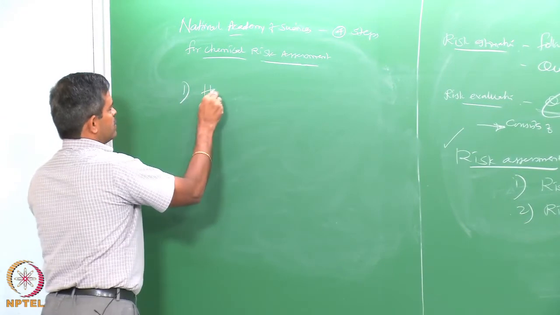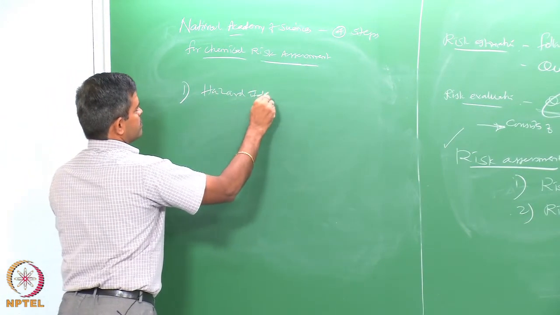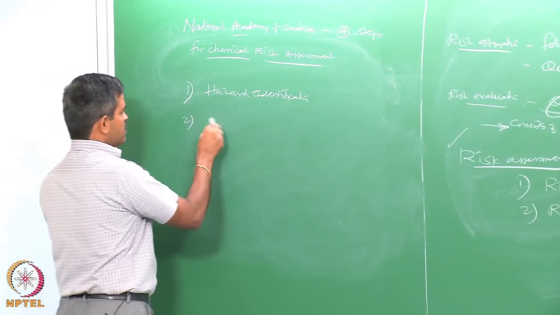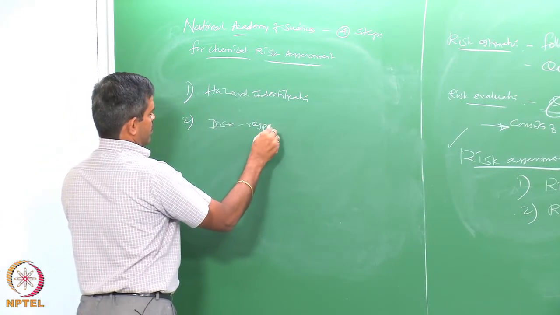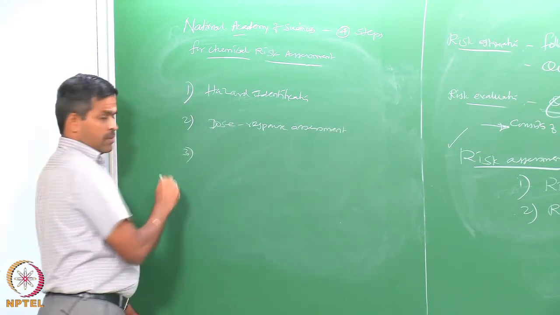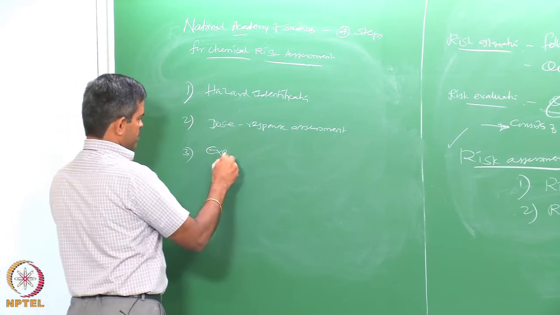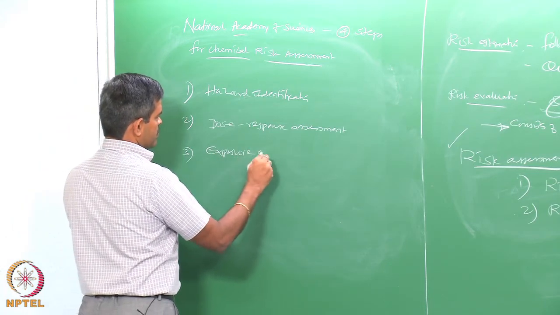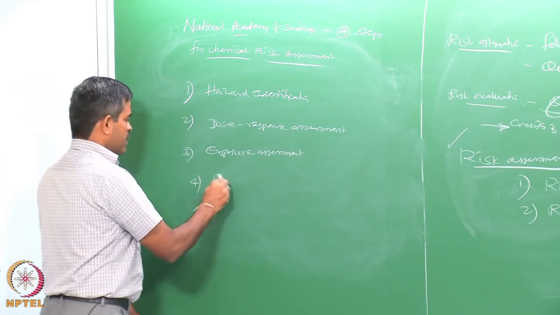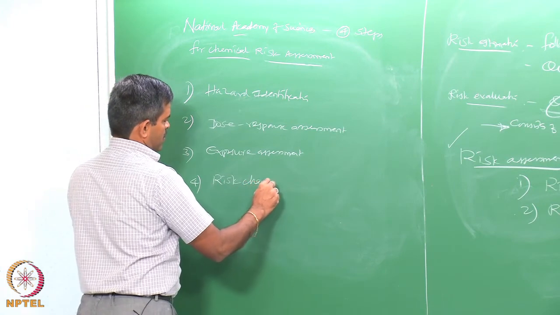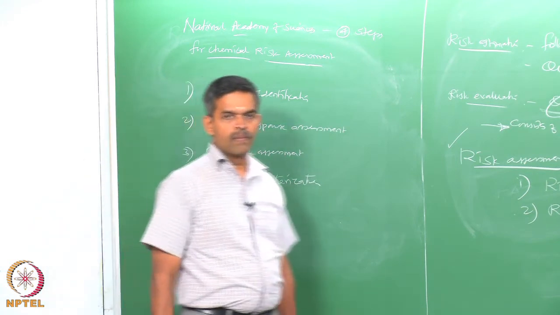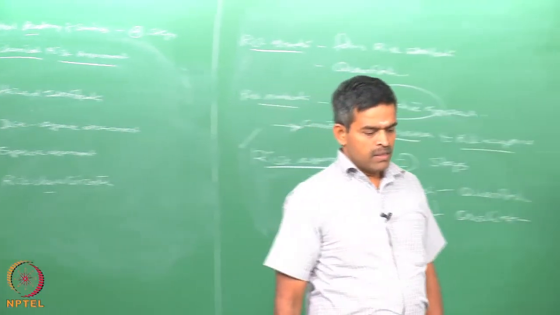First stage is the hazard identification, second stage is the dose response assessment, third stage is the exposure assessment, and fourth stage is risk characterization, which we will discuss in detail in the next lecture.